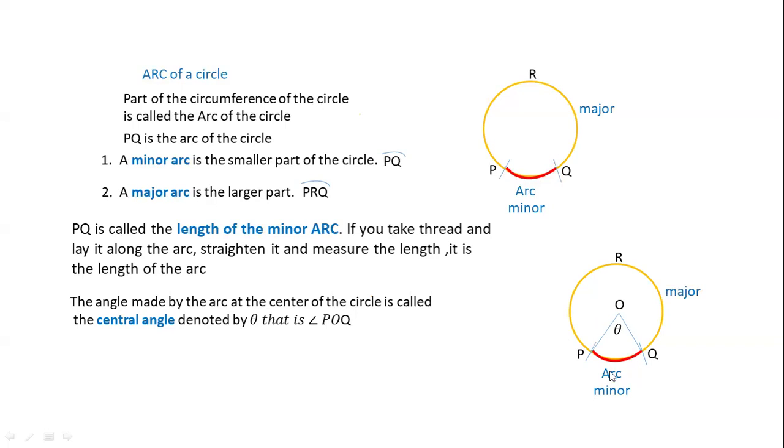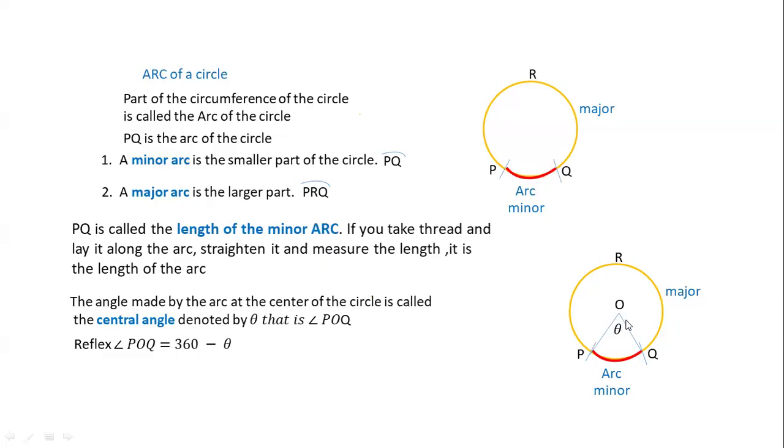Okay, minor arc, major arc. If PQ is the minor arc and you join it, you get a central angle. Suppose you join the major arc PRQ to the center, you get what is called a reflex angle POQ.